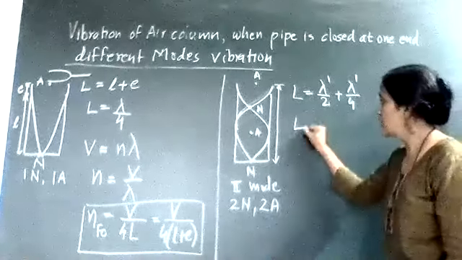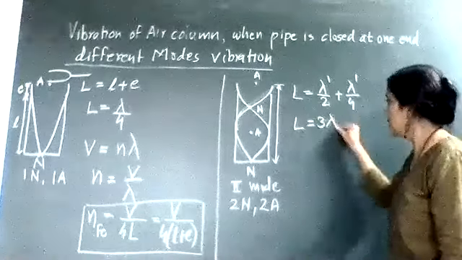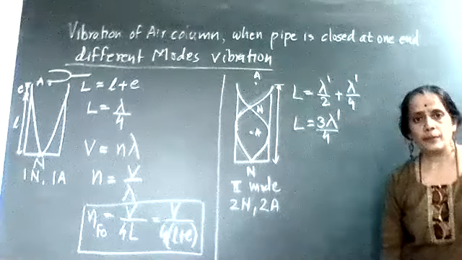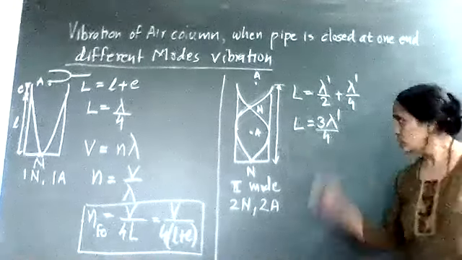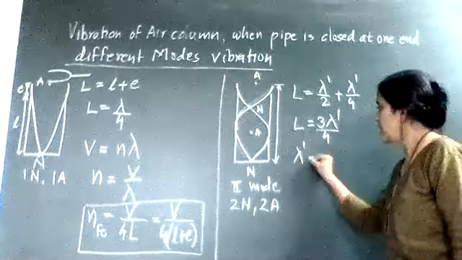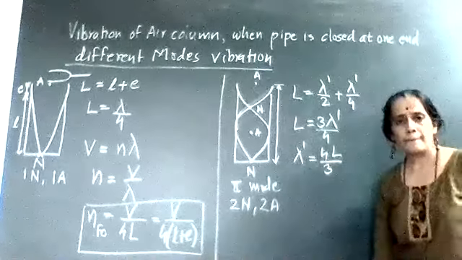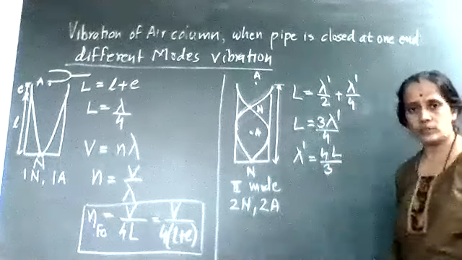Means I am getting here total length is 3 lambda dash by 4. Get it? So lambda dash is equal to 4L by 3. This is your lambda dash.